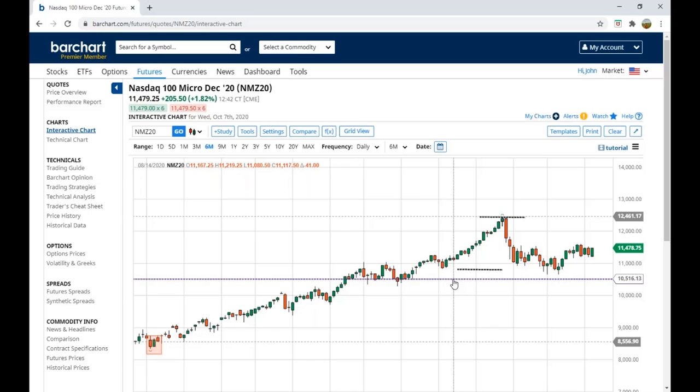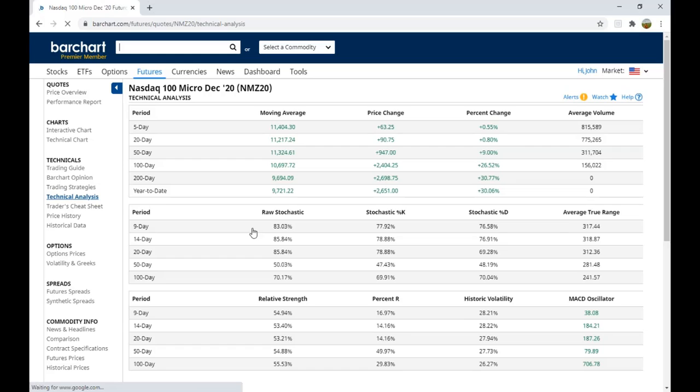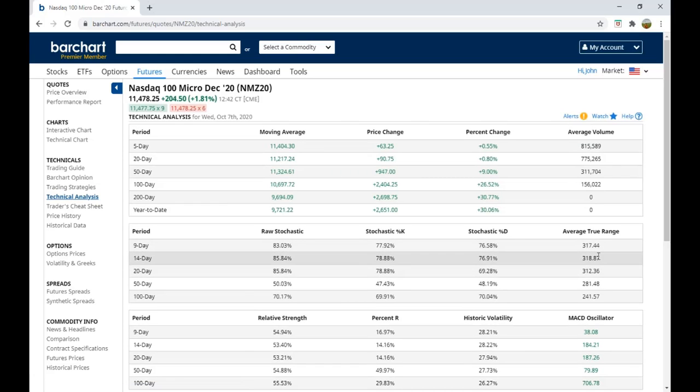Now we talked about that ATR, right? So let's go back and look at our technical analysis for the NASDAQ, and we can see for the 14-day period, it's around 320. Let's just round up 320, okay?